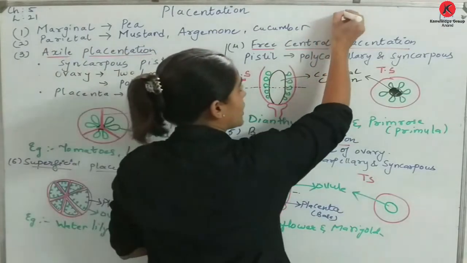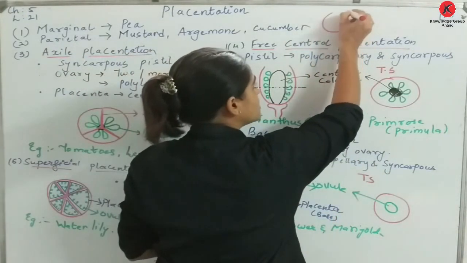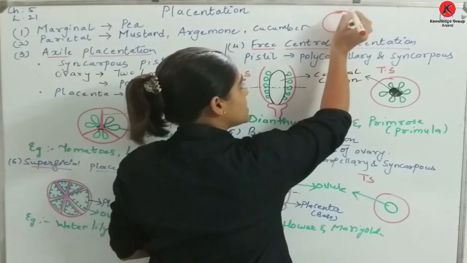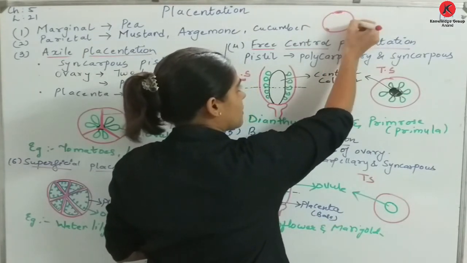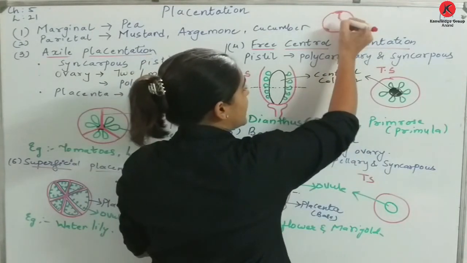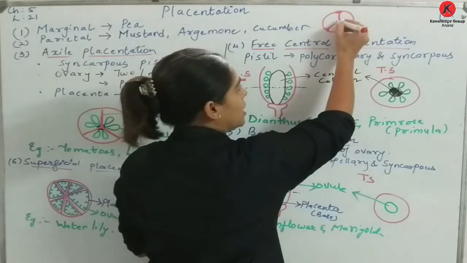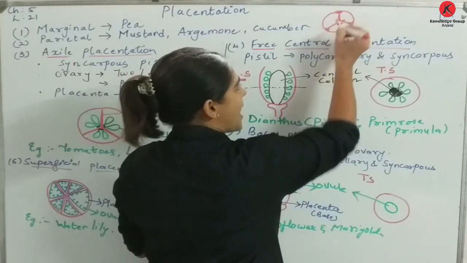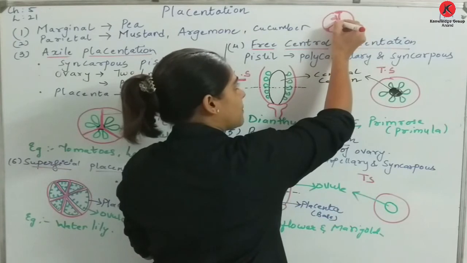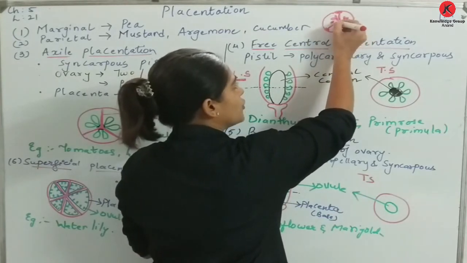Once again I am drawing. See, this is your ovary. Say for example the placenta is present at the periphery, but it extends inside. As you can see over here, it extends towards the center and bends, right? So what will be present here? Ovules will be present here.